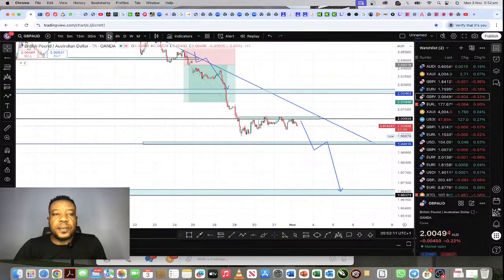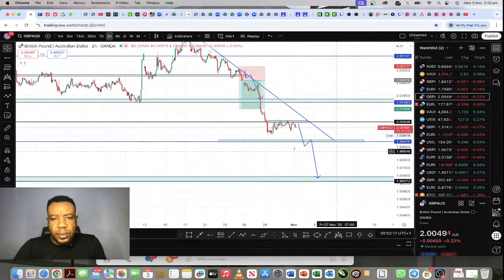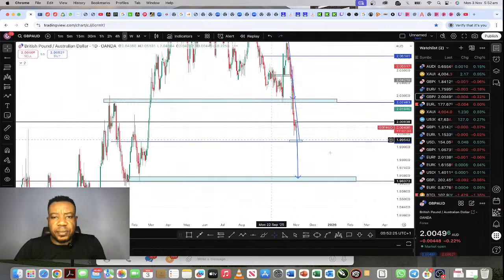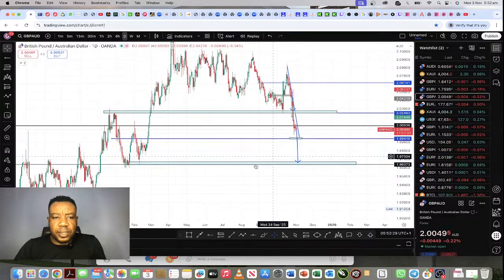But then let's see what 2 hours is saying. We can't just go ahead and start selling right now. If you check daily time frame, it's very clear. We need that reasonable retest.